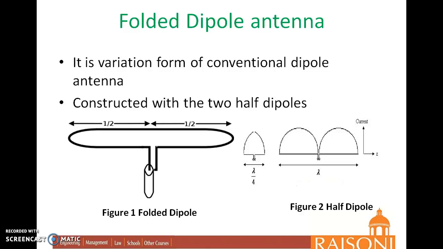In the figure we can see the folded dipole antenna. The folded dipole antenna is constructed of two half dipoles. It is a combination of two half dipoles. Like in the figure, you can see very clearly, it has two dipoles connected with each other by the bends.